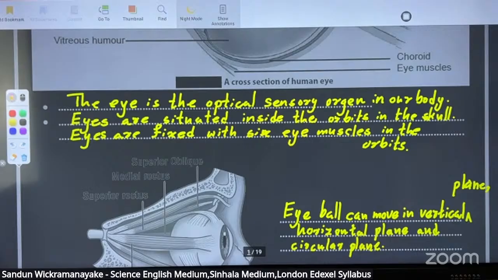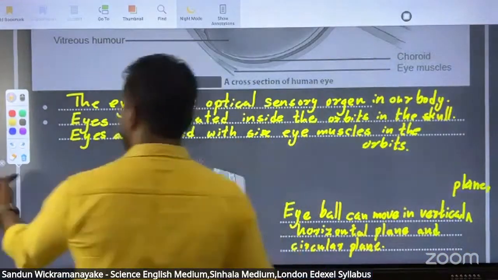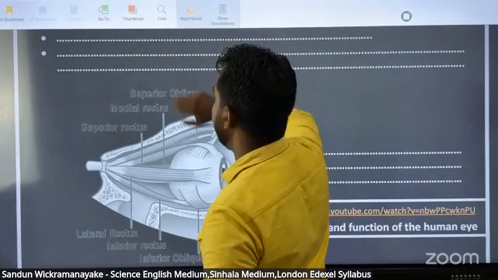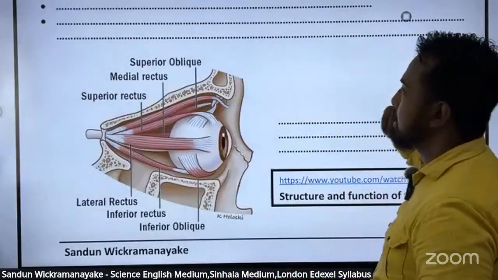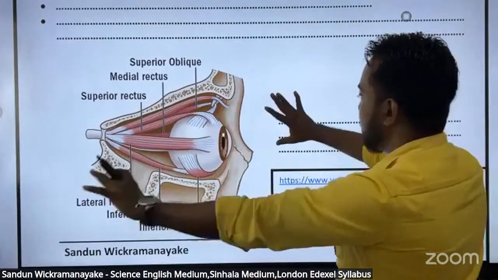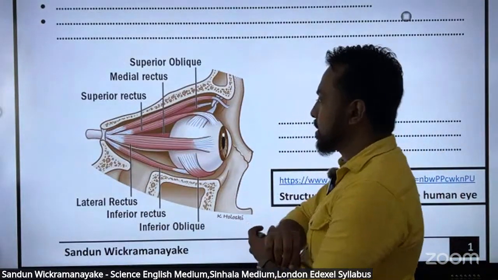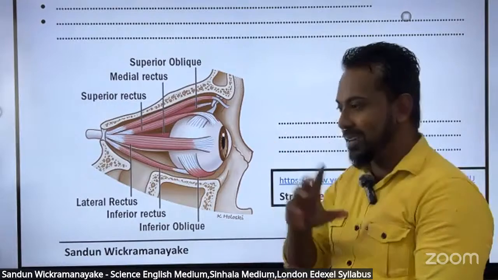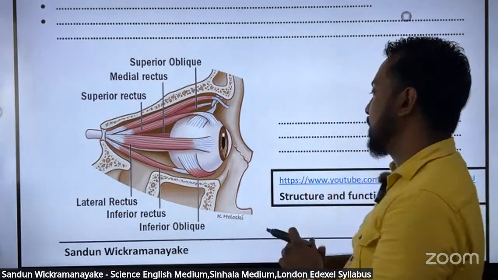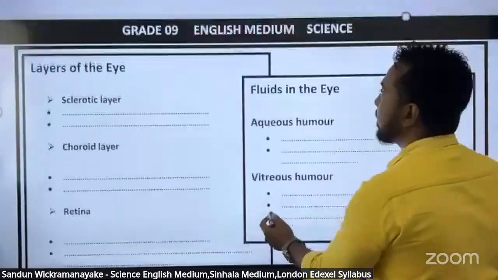Have you finished your writing? Superior oblique, medial rectus. You don't need to remember these names. These are the six kinds of muscle tissues connected to the eyeball, okay? No need to remember those names, because you're in grade 9.